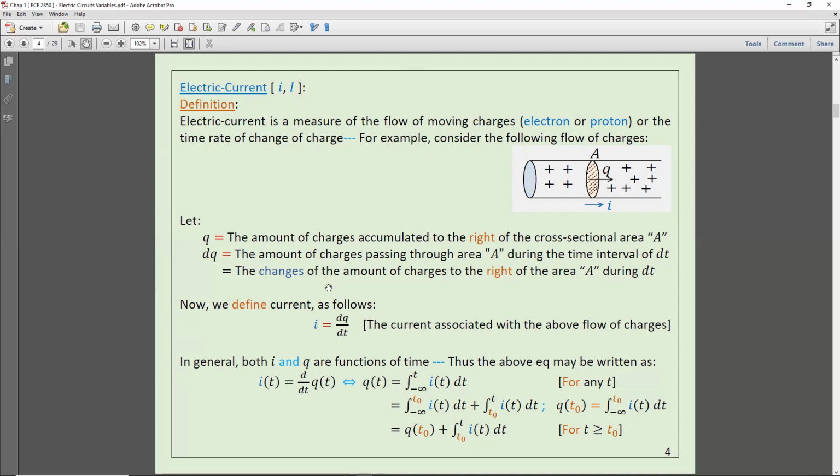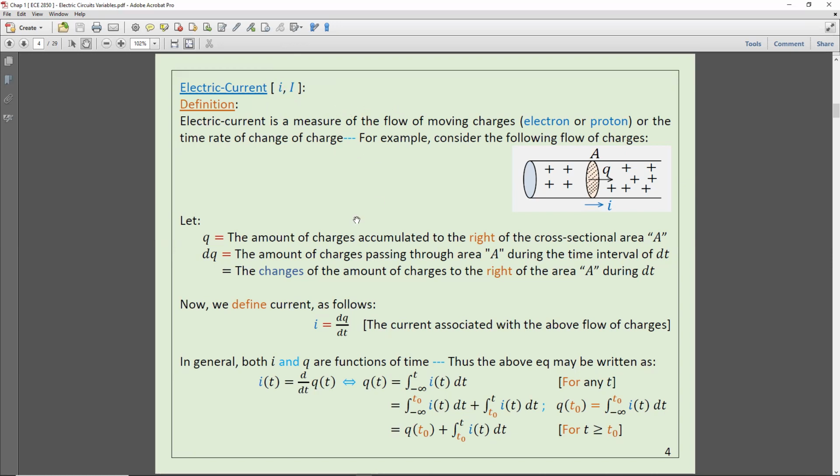Here I want to get a mathematical relation between Q and I. Here I is the current, and upper or lower case should not bother you. But usually we are going to use the upper case for uniform or constant current, and the lower case for time dependent current.